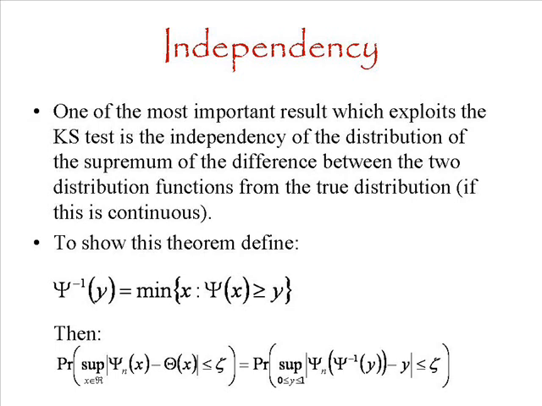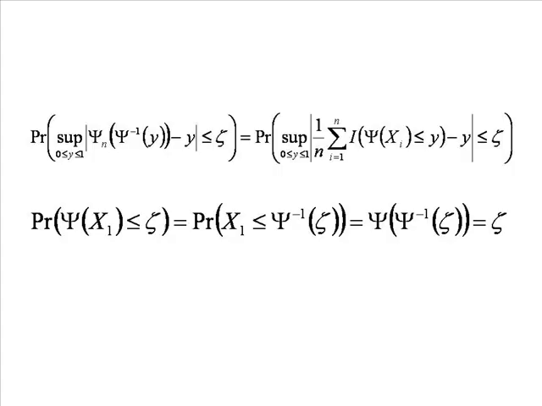And if I rewrite that expression in the following fashion, we arrive at the conclusion that the probability that the cumulative density function capital psi is lower or equal than a given value eta is equal to eta. That is, it is independent from the true distribution, which is absolutely important. Very remarkable result.